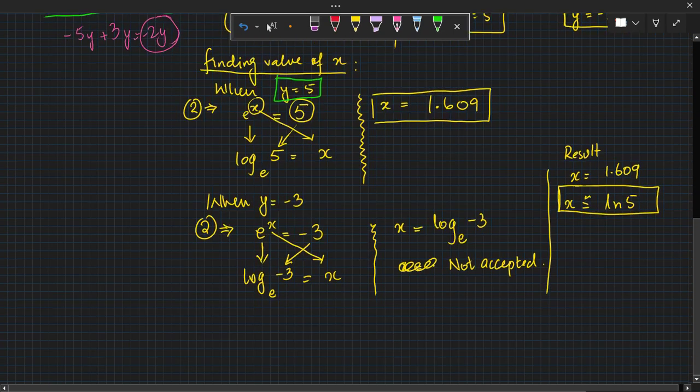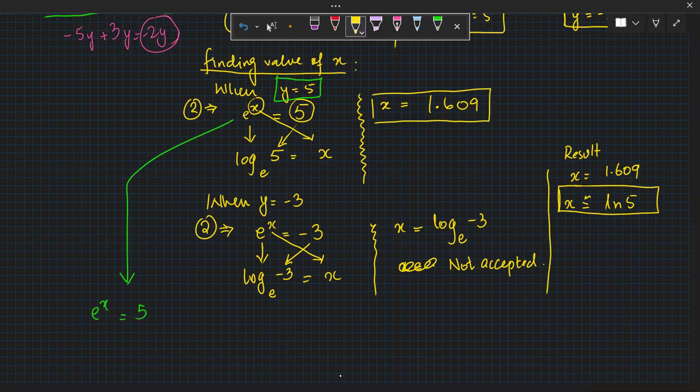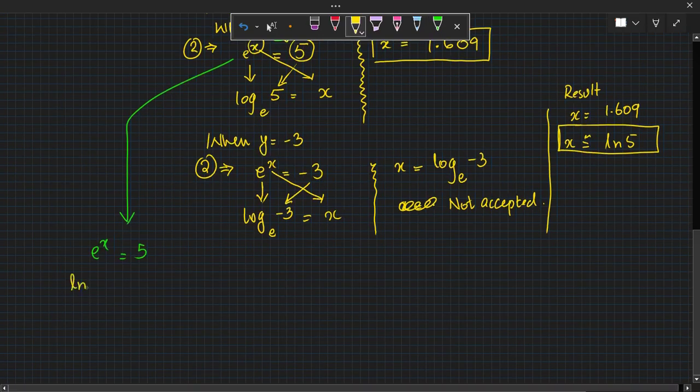Another thing, I can also do this step in this way. I have the form exponential x equal to 5. Can I apply ln on both sides? Ln on both sides, right? So without a calculator, we can find this. The power becomes a coefficient, you remember, and ln e is 1.